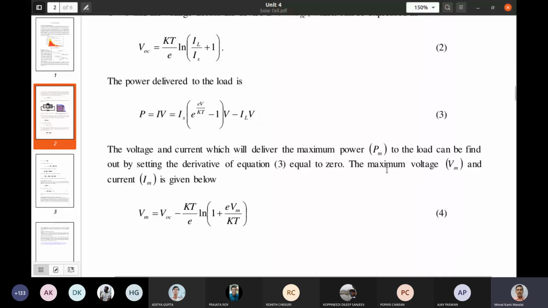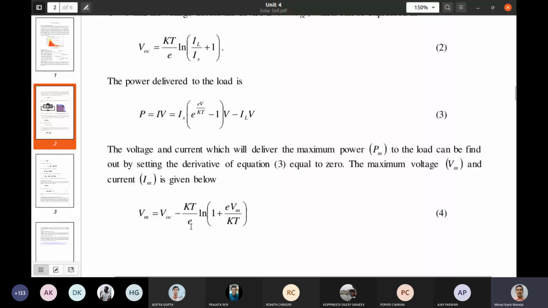Taking the differentiation of equation 3, and with some numerical steps, we can calculate VM, that is the maximum voltage at the load. That maximum voltage is VOC, open circuit voltage, minus KT by E ln (1 plus E VM by KT).